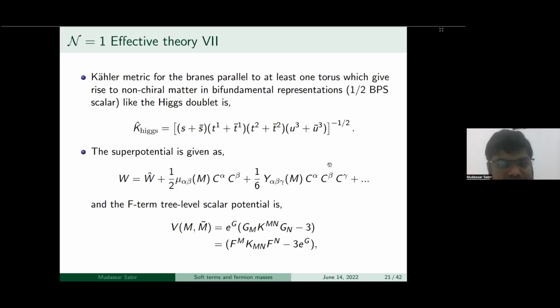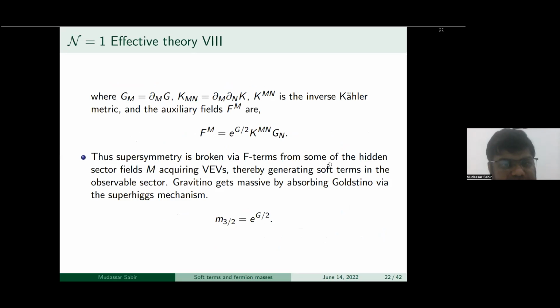The F-term pre-level scalar potential can then be written by using the standard formula, where Fm, these are the basic definitions. Gm is the derivative of G, and Kmn is the Kähler metric, and Kmn inverse is its inverse, and the auxiliary fields Fm are given by this.